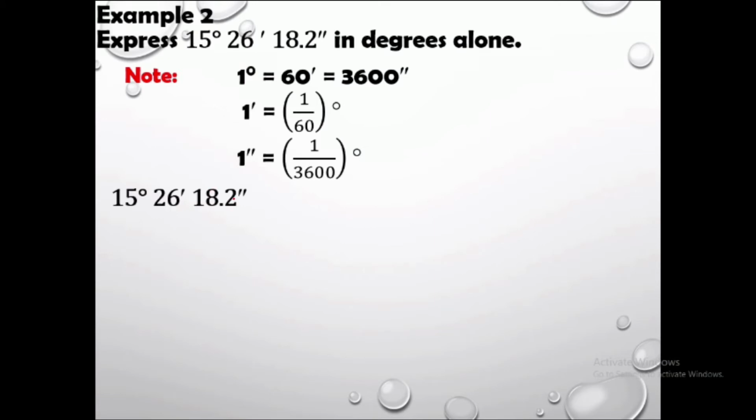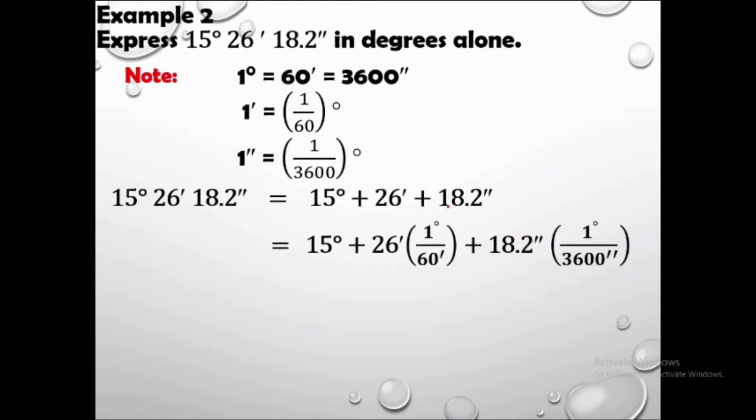To express minutes and seconds as decimal degrees, multiply 26 minutes by 1/60 degrees and multiply 18.2 seconds by 1/3,600 degrees. Then, we cancel the minutes and the seconds here.